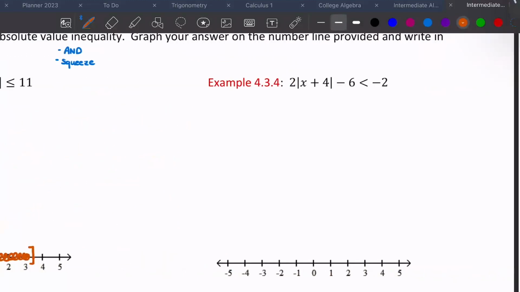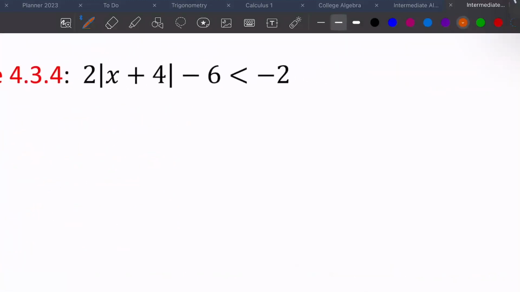So look at this one. 2 times the absolute value of x plus 4 minus 6 is less than negative 2. Obviously, our absolute value is not by itself, is it? So we need to manipulate first. Let's add 6. That gets rid of that.